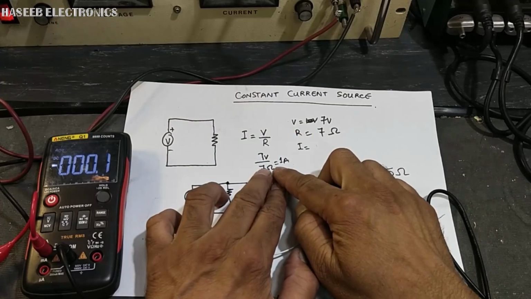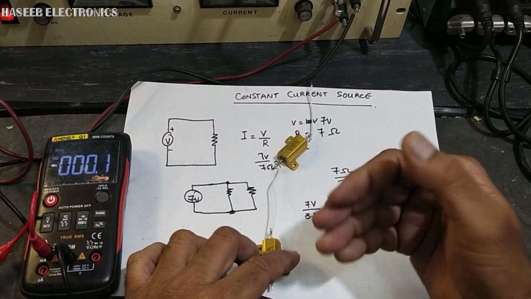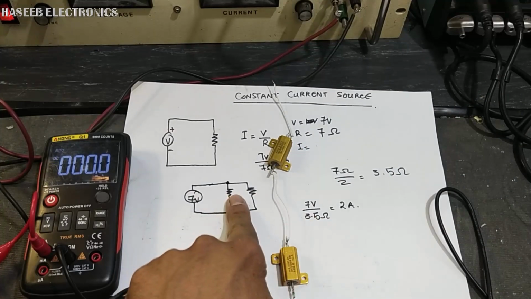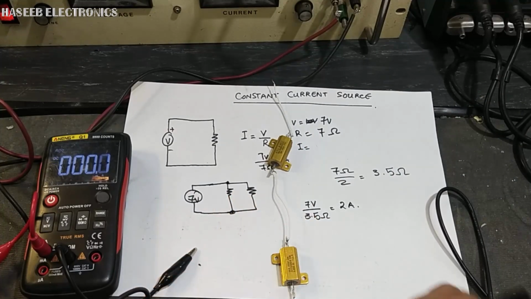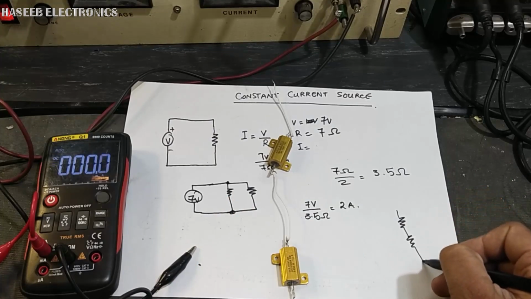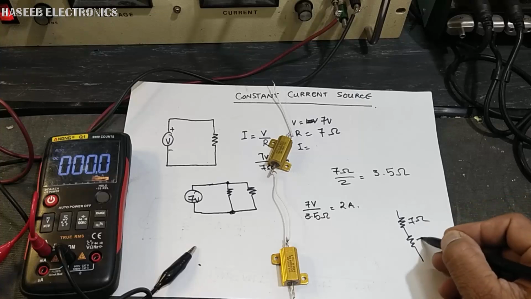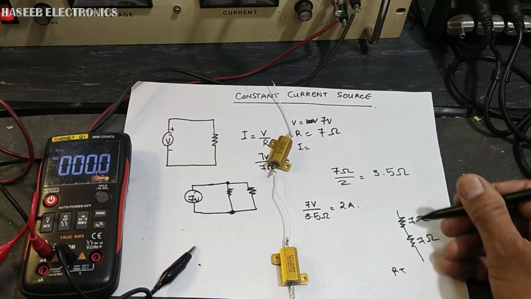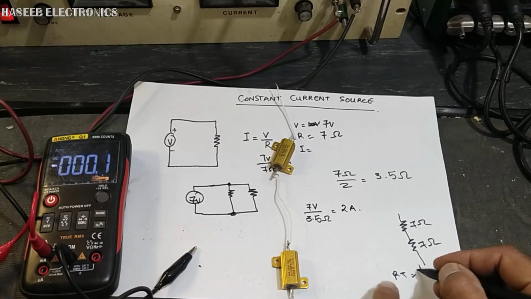This was our first condition. Now if we increase the load size, in the first example we connected 2 resistors in parallel, but if you connect 7 ohm in series, so RT will become 7 plus 7, 14 ohm.